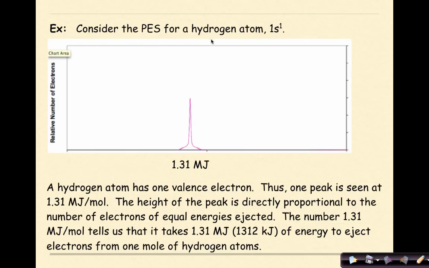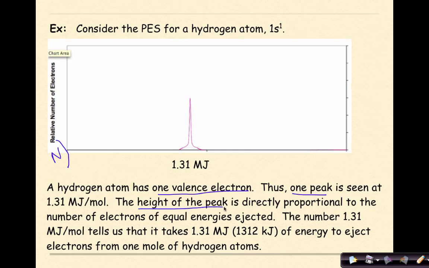Consider the PES for a hydrogen atom, 1s1. And we're going to say again that my nucleus, I'm going to put an N for nucleus, is over here, so keep that in mind. A hydrogen atom has one valence electron. Thus, one peak is seen at 1.31 megajoules per mole.